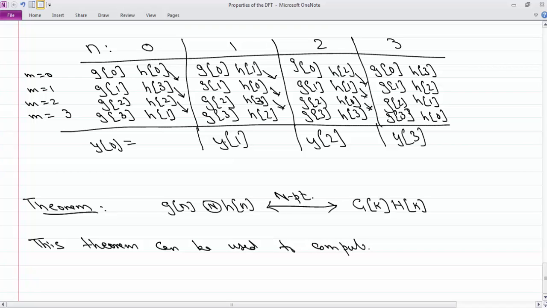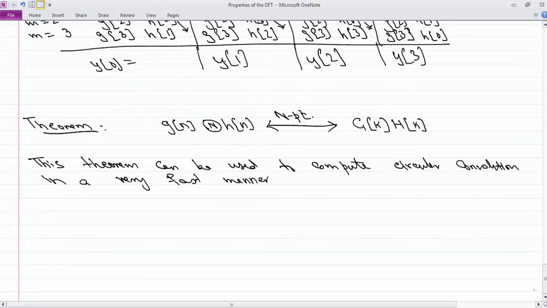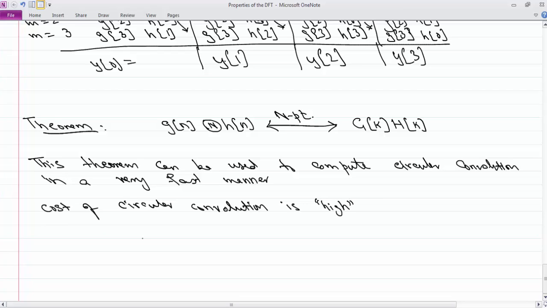to compute circular convolution in a very fast manner. And why is that? Because if I was given two length n sequences, the cost of circular convolution is, quote unquote, high.